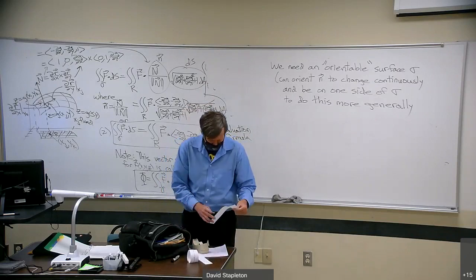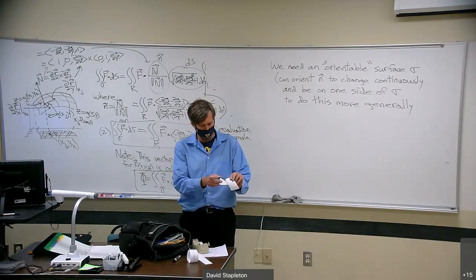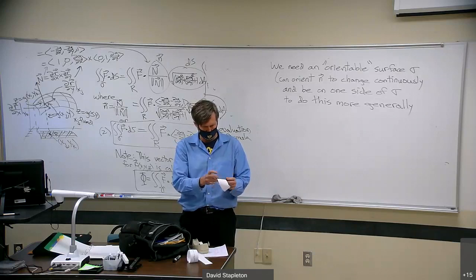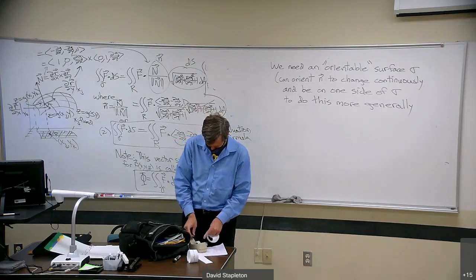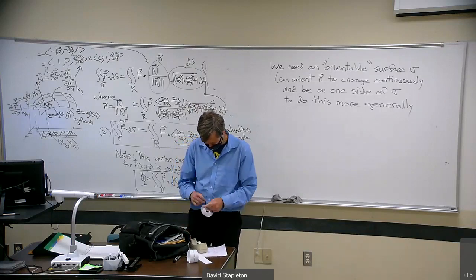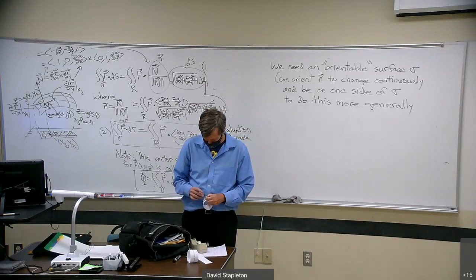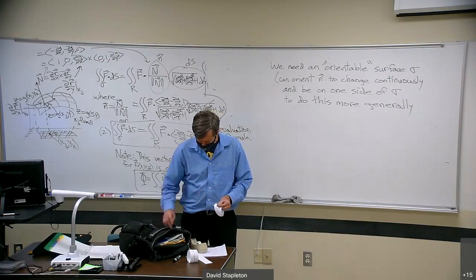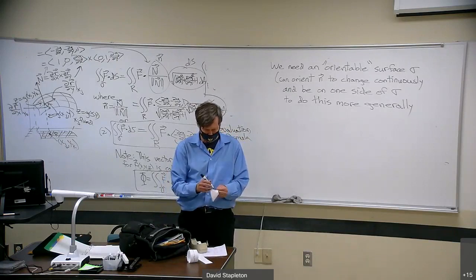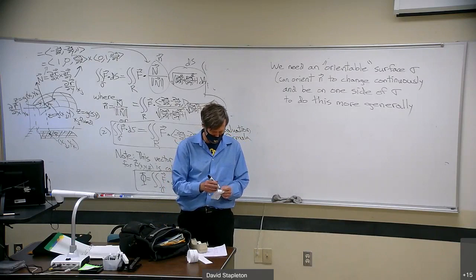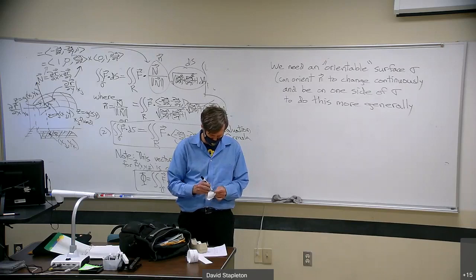But if you take this thing and give it a half twist like that and then close it up, then we have what's called a Mobius strip. It has an interesting property, that I can take a line and draw it around. And again, I eventually get back to where I started from.